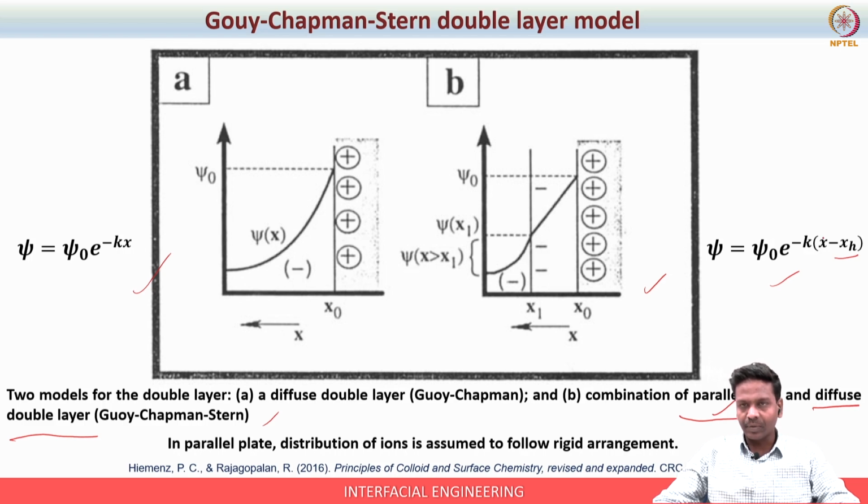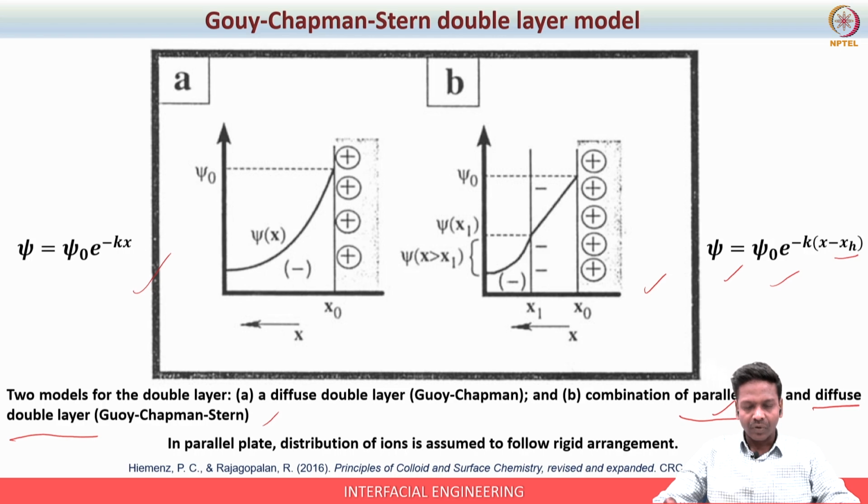Whatever we evaluate in the form of psi after subtracting from x is going to be your Gouy-Chapman-Stern model. That is the small change that we have to incorporate into this model.